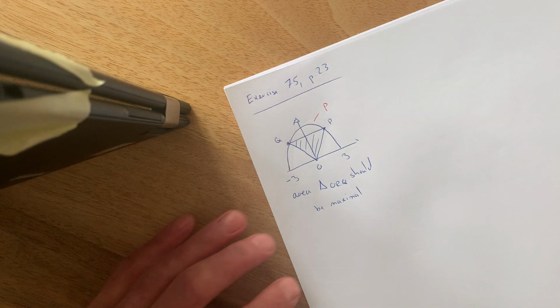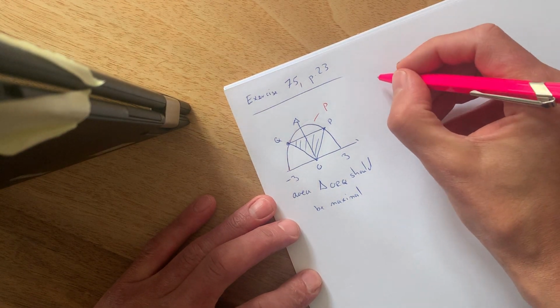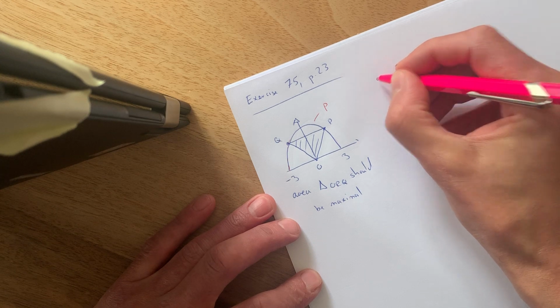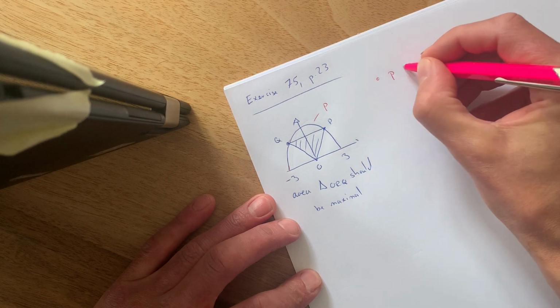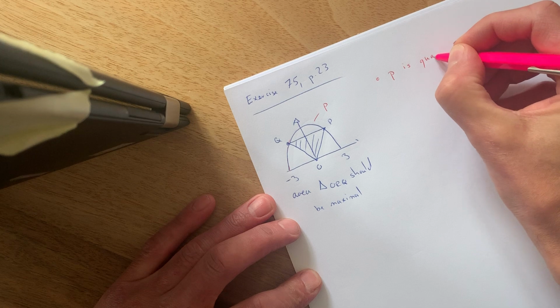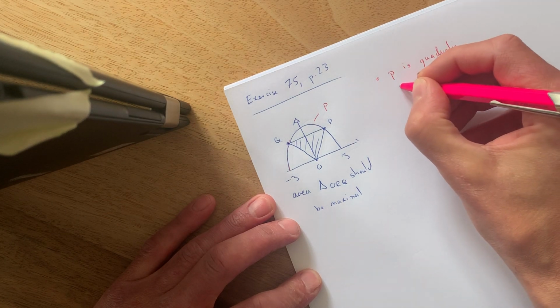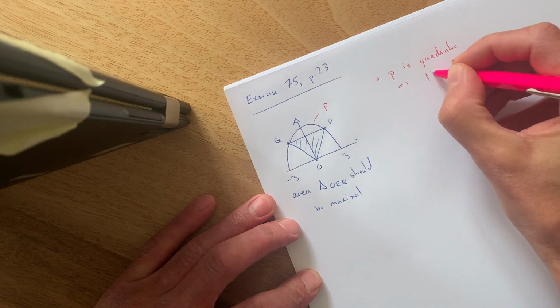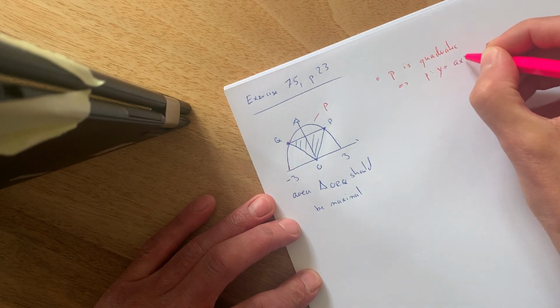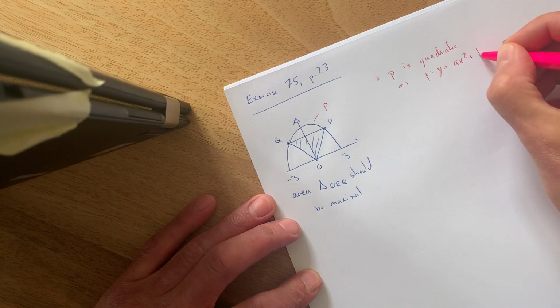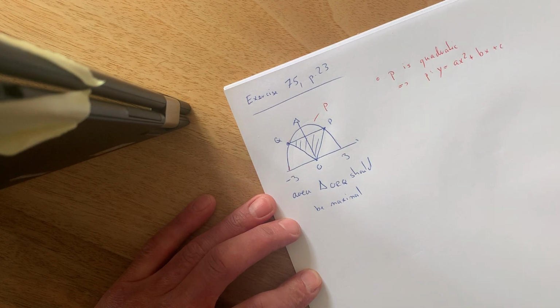Now, we know from the exercise two important things. First of all, P is quadratic. That's given in the exercise. What does this mean? Well, the function equation of P is given by y equals a times x squared plus b times x plus c.